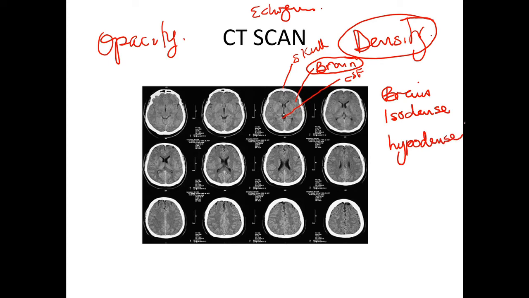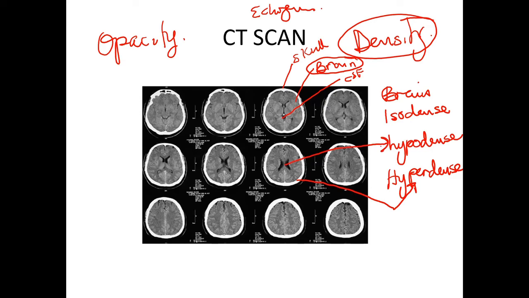Lesions that are whiter than the brain tissue are hyperdense. You can see the bone is hyperdense and the CSF is hypodense. The skull is hyperdense and the CSF is hypodense.